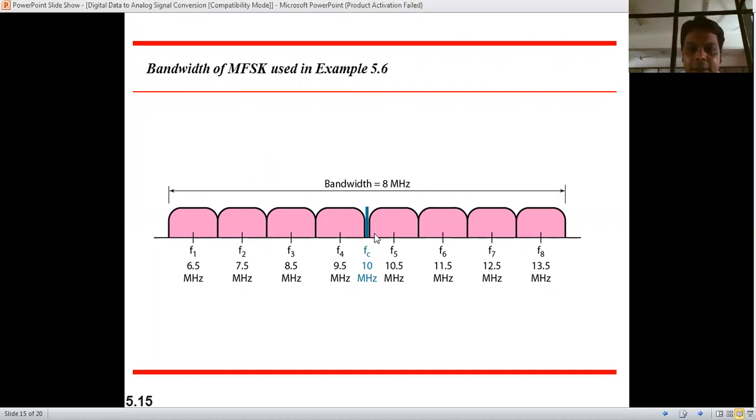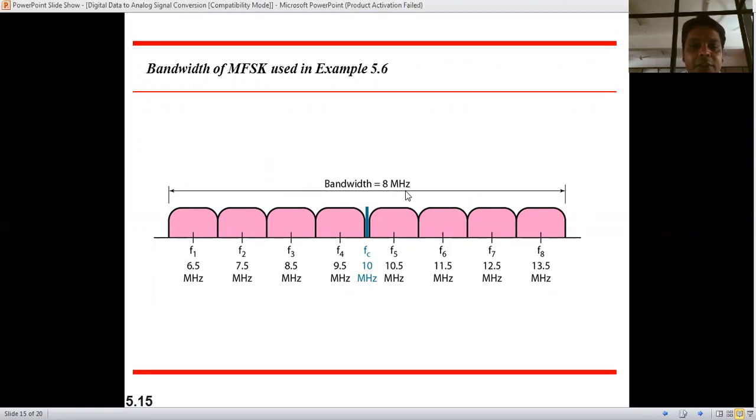Here in this figure, you can see that the bandwidth of this signal, using multi-level frequency shift keying, is calculated as 8 megahertz, because the number of signal levels for this signal is 3, that is 2 to the power 3, which gives me the answer 8 megahertz.